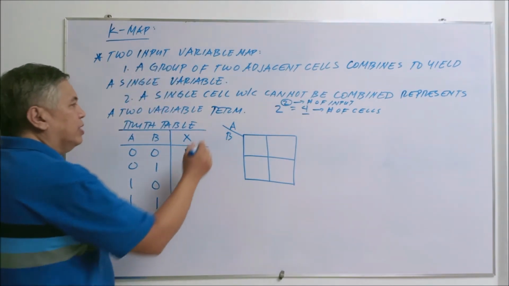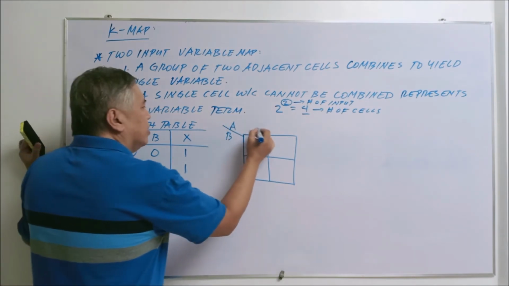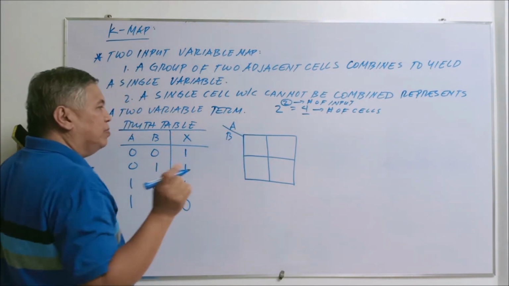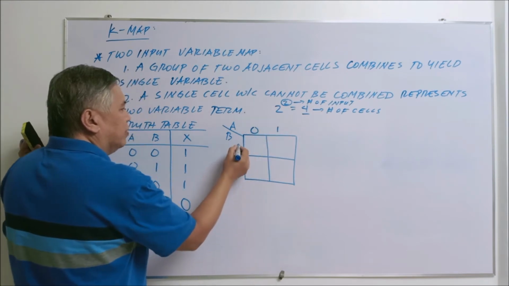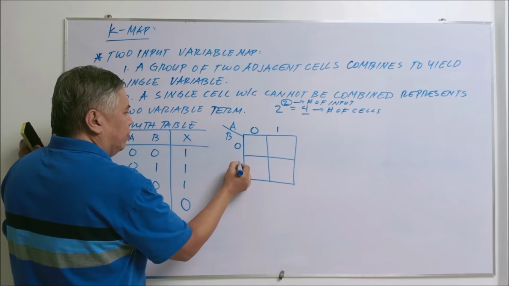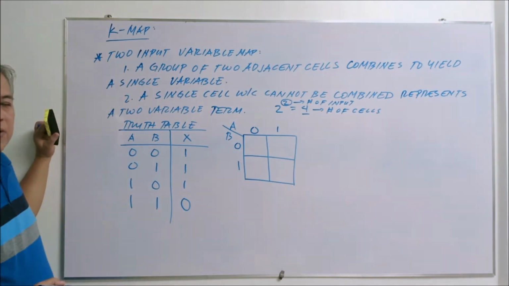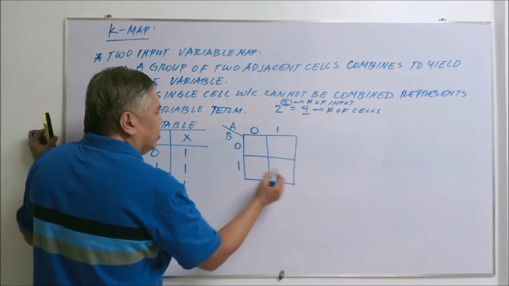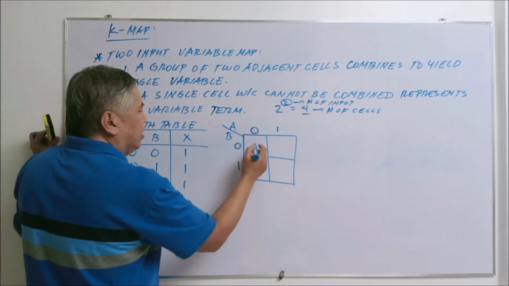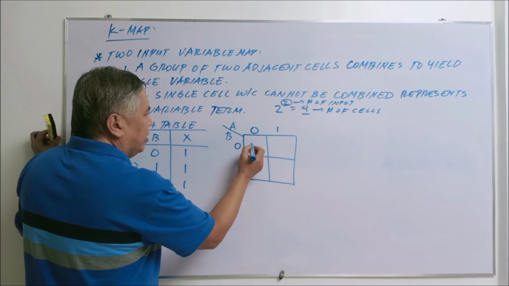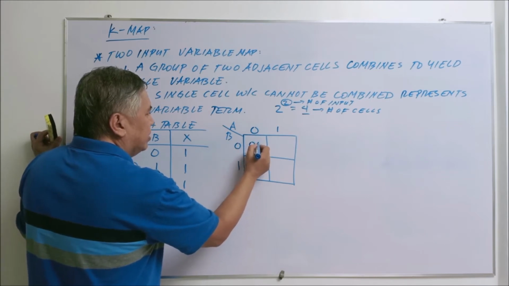Okay? So what are the values of A and B? For A, there are 2 possible combinations: you have 0 and 1. For B also, you have 0 and 1. So these are what we call cells. The value of this cell here is A is 0 and B is 0.